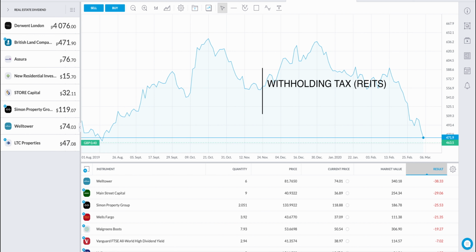So that brings me on to the final form of taxation, and it's withholding tax in the form of REITs. So for UK or US based REITs, the same withholding tax applies, which is at 20%, assuming you are a basic tax rate payer who earns up to £50,000 in a given tax year. Now, in the UK, we sometimes use the acronym PID, which just stands for Property Income Distribution, and that's what a REIT is.